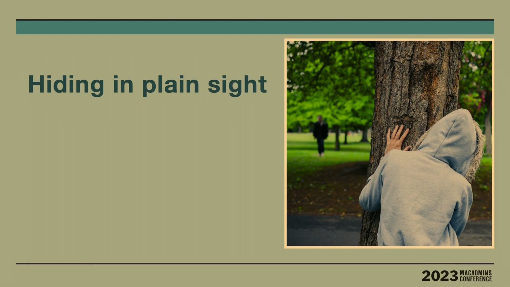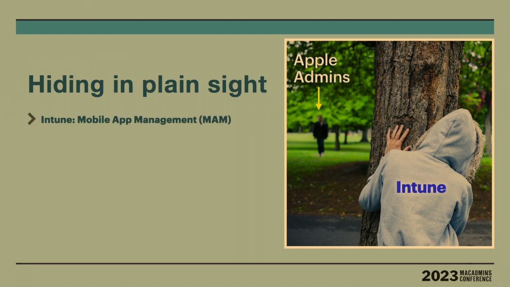Hiding in plain sight was Intune mobile app management. Because we use Intune for Autopilot, and we have a great administrator on that side and a security guy, and they were the ones that found these very hidden settings.